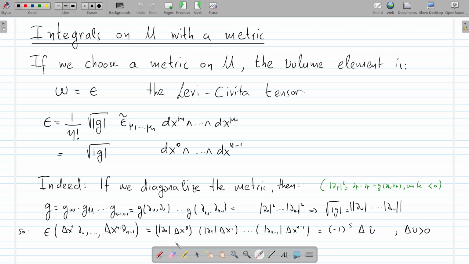So if the metric is diagonalized, this is this product here, which will give us a volume that is defined by a rectangular cuboid that has sides the vectors d0, d1 through d n minus 1, but their sides have lengths which are given by delta x0, delta x1, and delta x n minus 1. So this gives us a volume element that is the natural volume element given by the way we have chosen to measure lengths in a manifold.